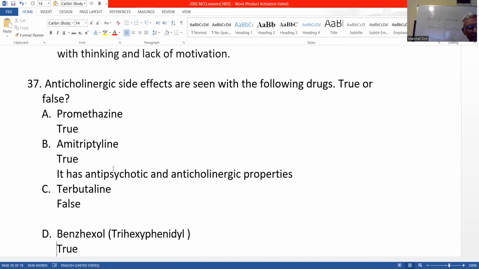Promethazine, true. Promethazine makes dry mouth because it is an anti-allergic. B. Amitriptyline, true. Almost all antipsychotic drugs also have anticholinergic action.